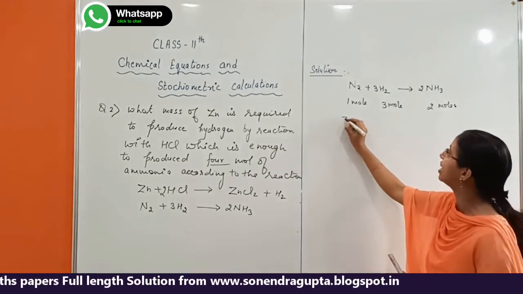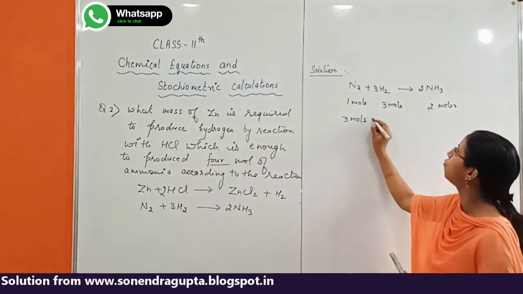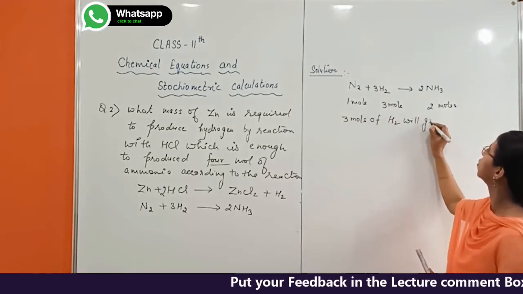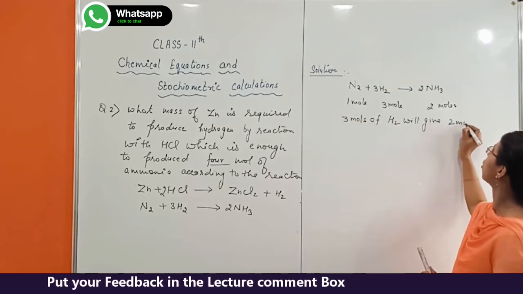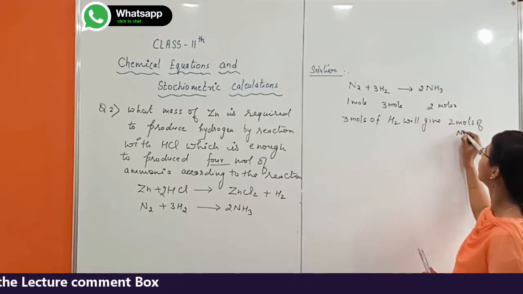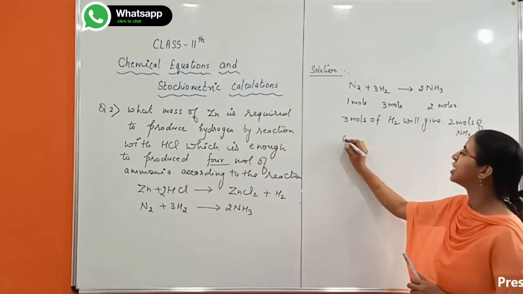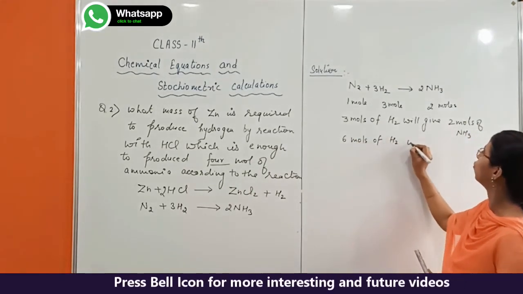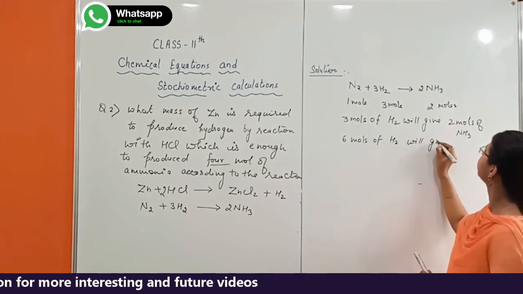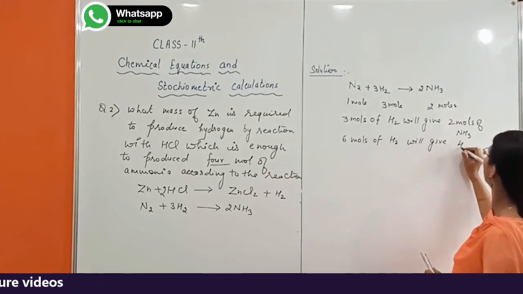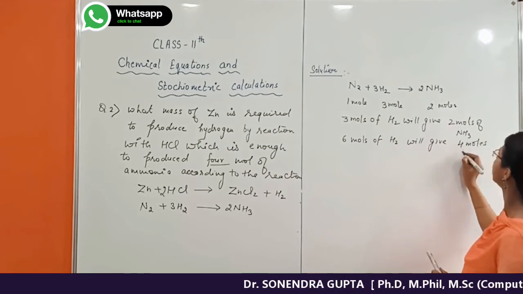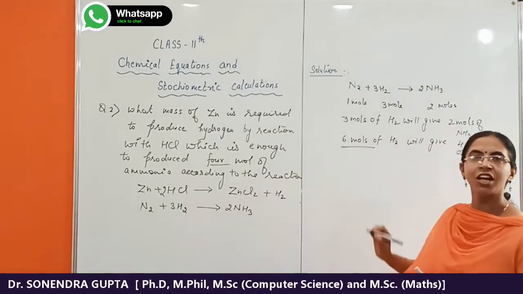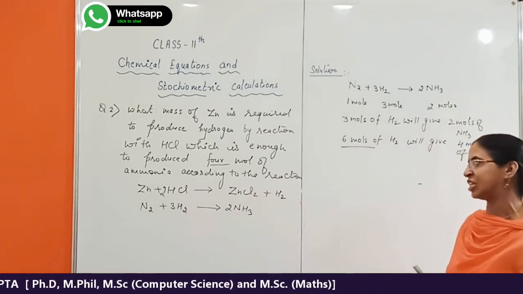So we can write that 3 moles of H2 will give 2 moles of NH3. Then 6 moles of H2 will give 4 moles of NH3. So how much hydrogen do we require? That is 6 mole.